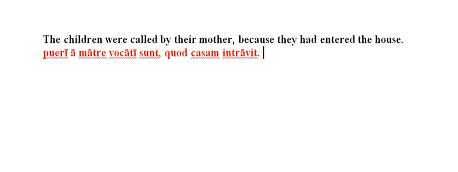This would be the simple completed because they entered the house, but we don't want the simple completed. We want the past completed. Quod casam intraverat. And that's it. Okay, it's easy peasy. The children, pueri, vocati sunt, were called a matre by their mother, quod casam intraverat.